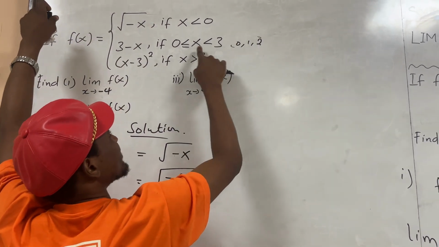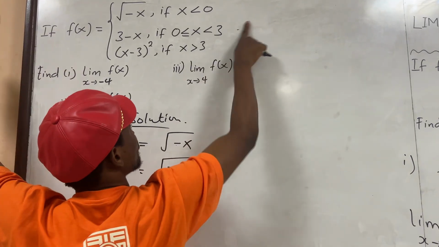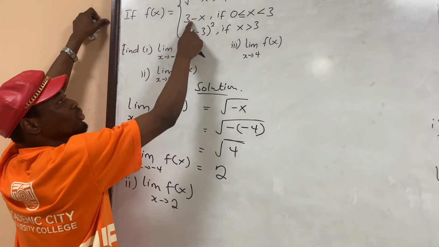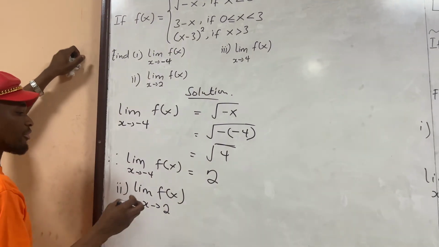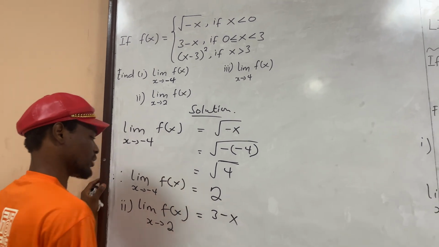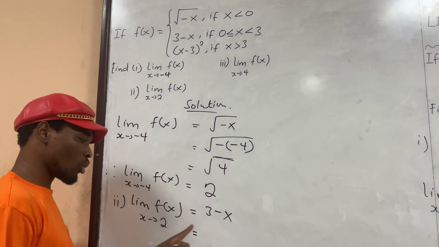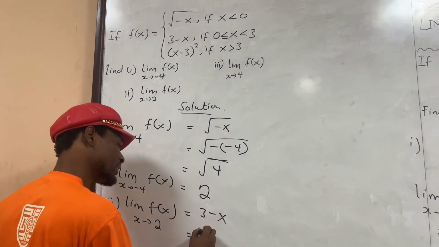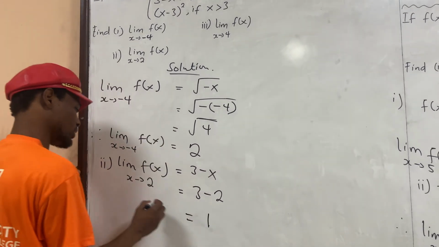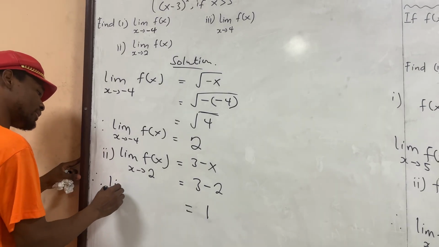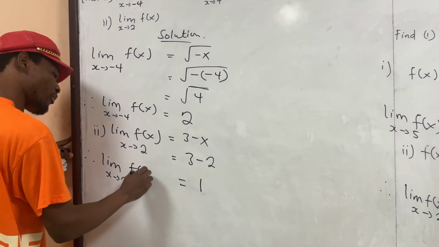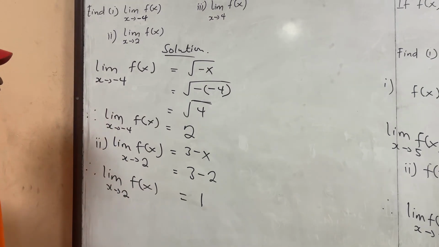So 2 fits into the middle function. So we are going to substitute 2 into this. The function is 3 minus x. Wherever you see x, it goes to 2. So it means 3 minus 2, therefore we have 1. So the limit as x approaches 2 of f of x equals 1.